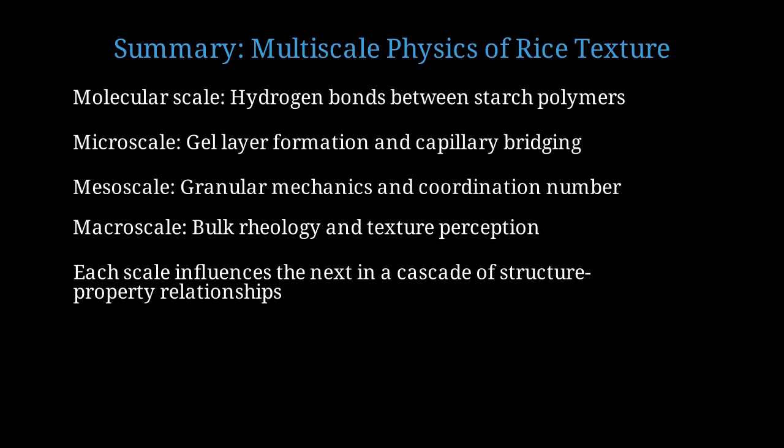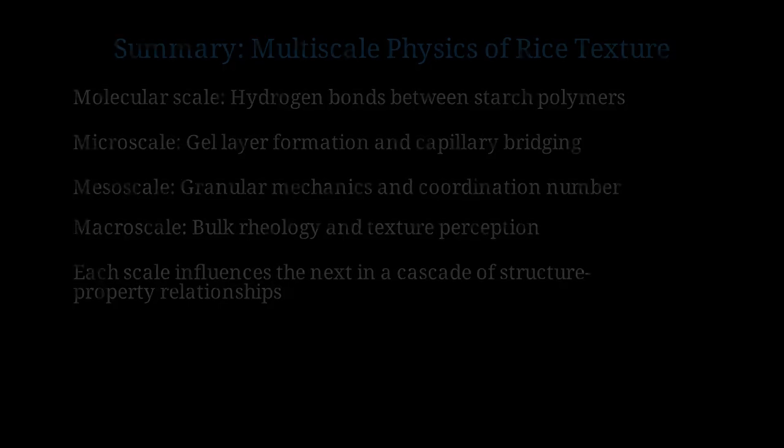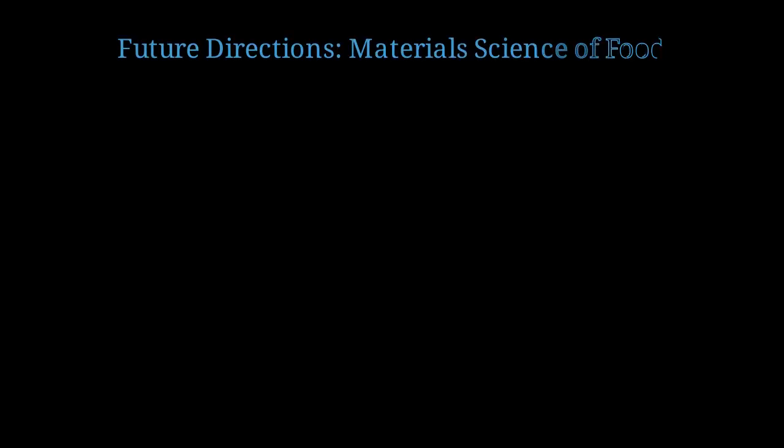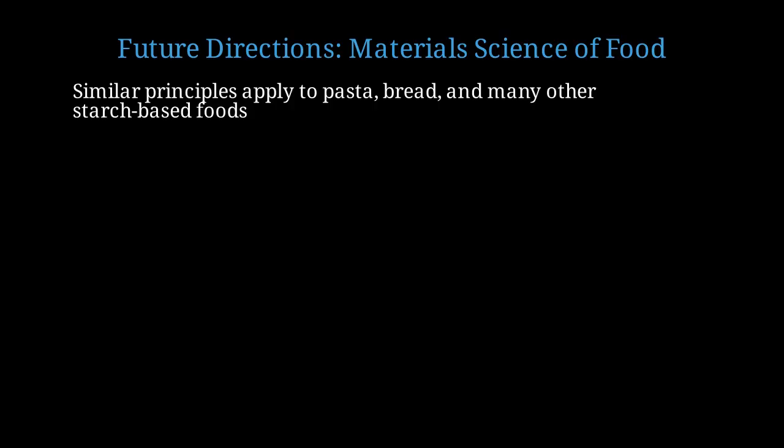Understanding these connections allows rational manipulation of rice texture through variety selection and process control. This analysis exemplifies the broader field of food materials science. Rice is just one example of how fundamental physics and chemistry govern culinary properties. Similar principles of starch gelatinization, retrogradation, and granular mechanics apply to pasta, bread, and many other starch-based foods.